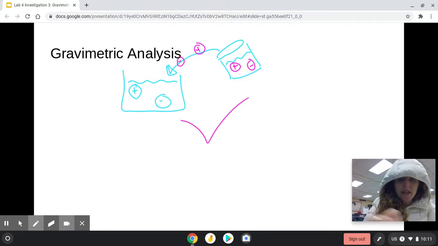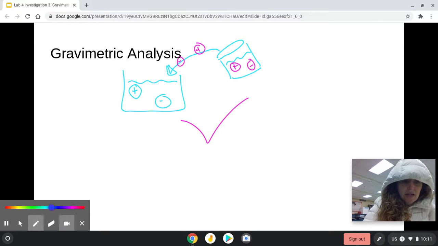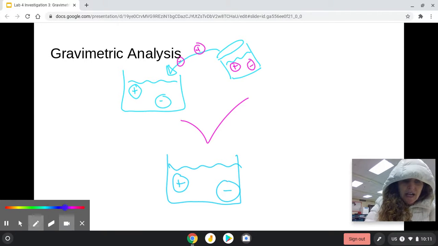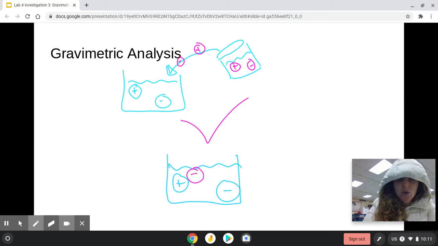Okay, so what we get is a new beaker, still with solution, more solution in it now. And our original ions are still there. Now, we hand select a couple ions to pour in, and what we want to choose are ions that are going to attach to the ions that are already there and form a solid. That is what we call a precipitate.